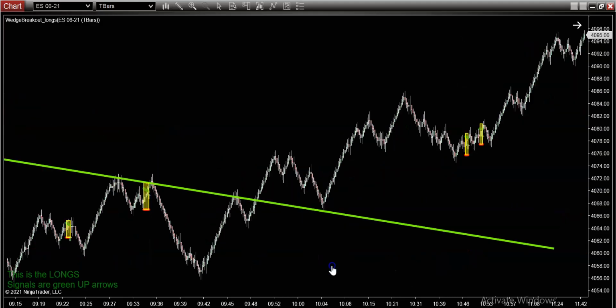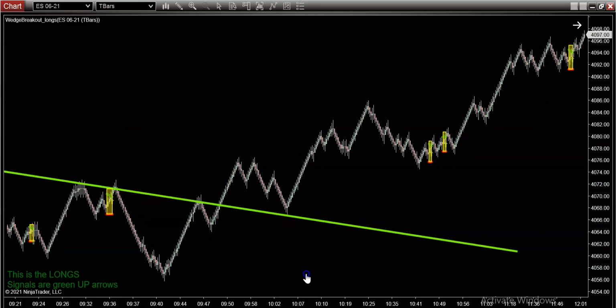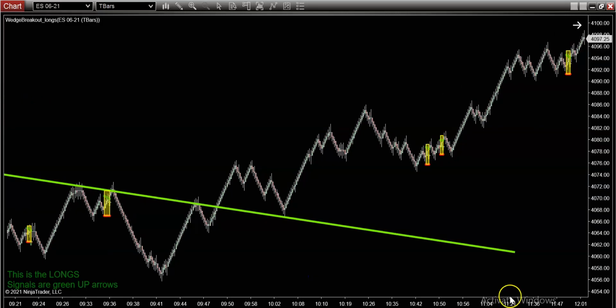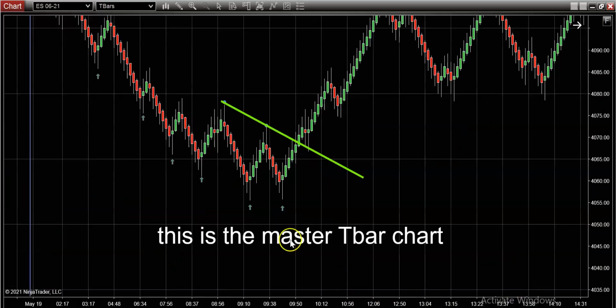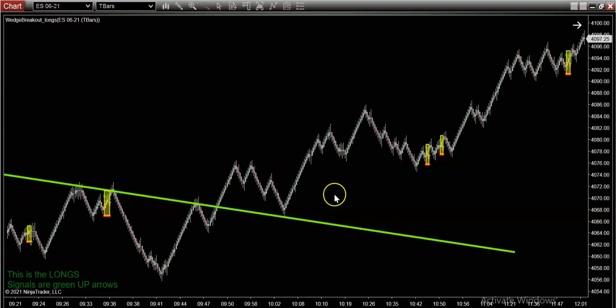So can you guess what I'm going to say next? Okay, I'll give you a couple of seconds here. What I absolutely love about the master higher time frame chart, while combining it with the smaller slave chart, is that it keeps me out of a lot of false trades.